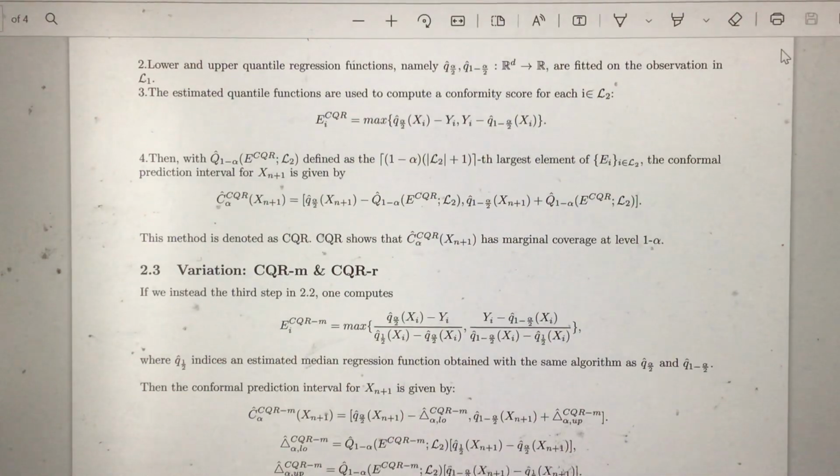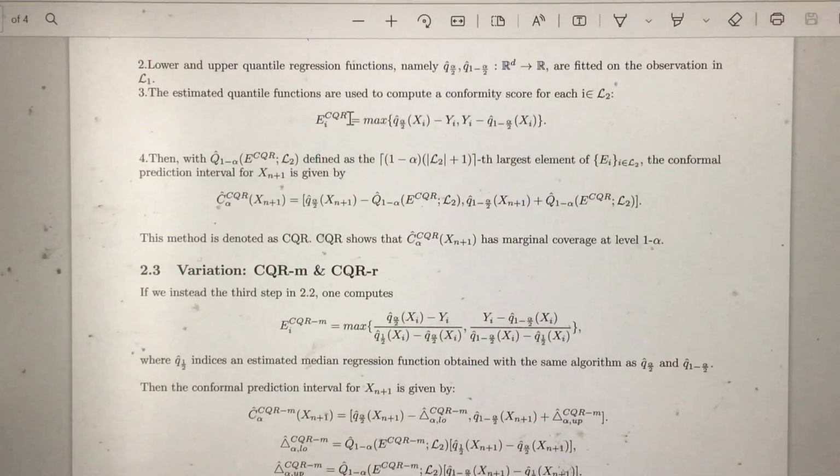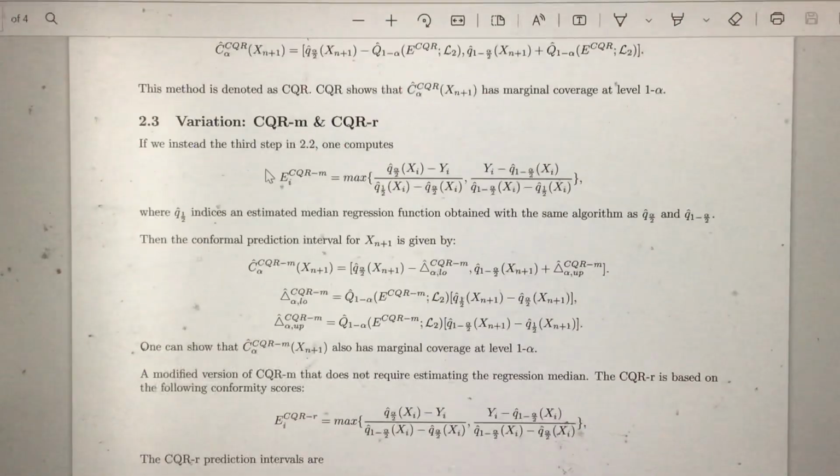And there are two variations. One is CQRM and another one is CQRR. In these two variations, the overall steps are similar, but the main difference is how to get the conformity score. Take CQRM: the third step, computing the conformity score, is different.